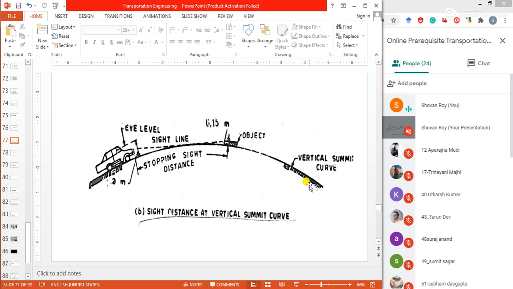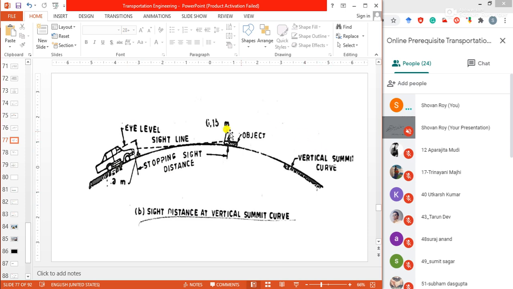Okay, and we should maintain such a type of sight distance for our highway design, or even we can restrict the driver to maintain such a sight distance or sight line to overcome any difficulties and to avoid accidents.